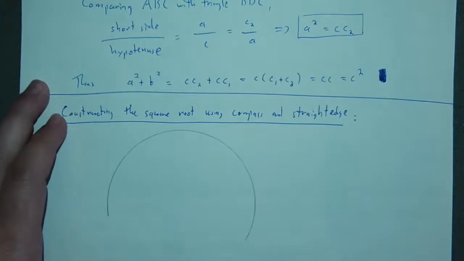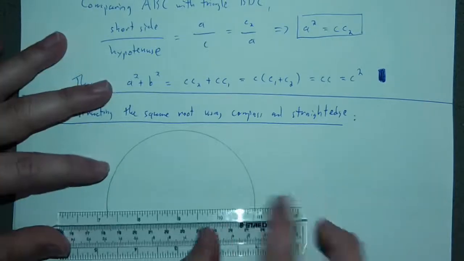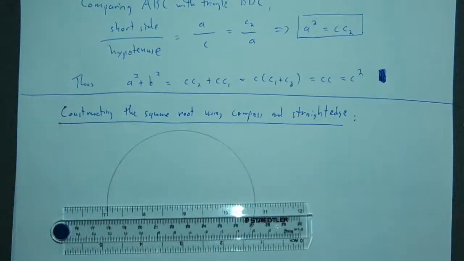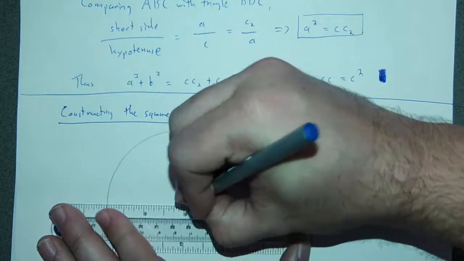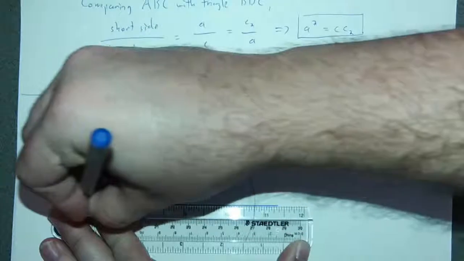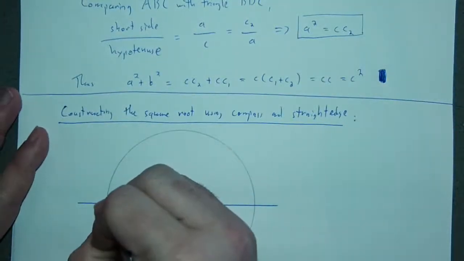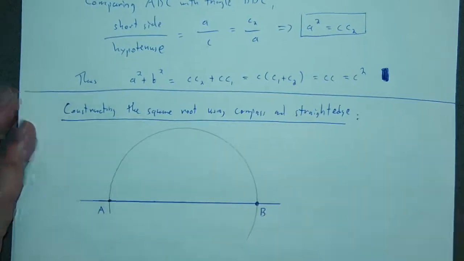Okay, so there's my circle, or part of circle, and here's my diameter of the circle. So here's A and here's B. Now, like I said, I'm cheating here to make the picture look nice.